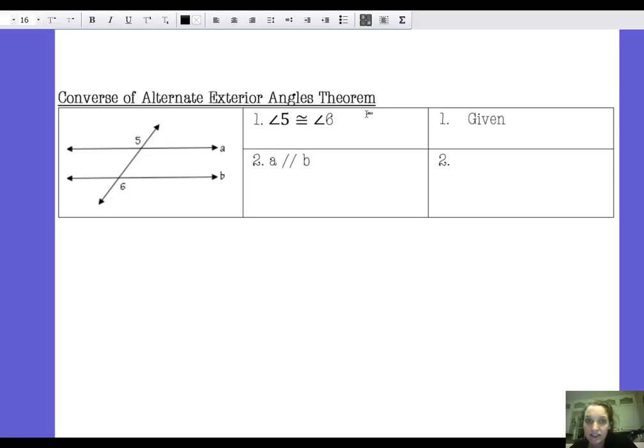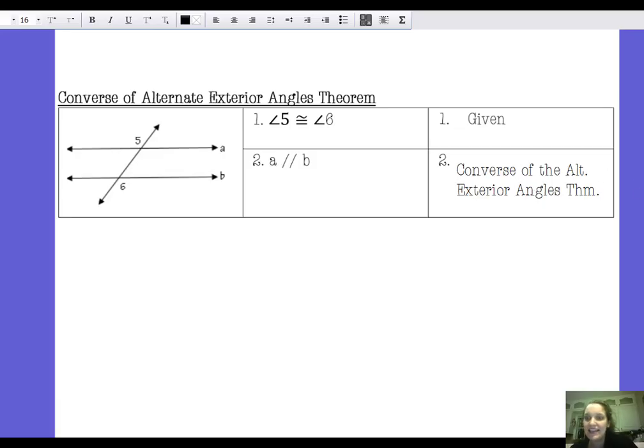So because in my first step, in my given, I'm telling you that those angles are congruent, then I can say that the lines are parallel by the converse of the alternate exterior angles theorem. First, I tell you that those angles are congruent, then you can say that the lines are parallel by the converse of the alternate exterior angles theorem.